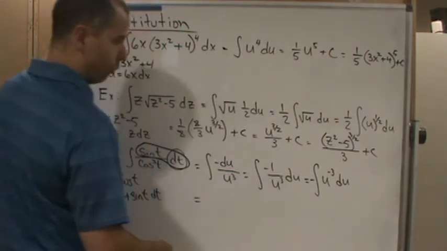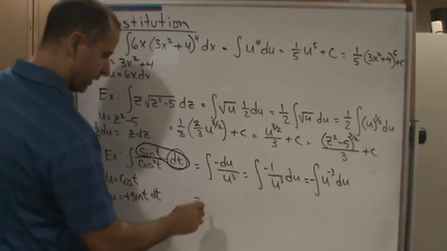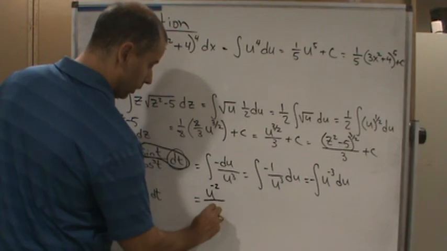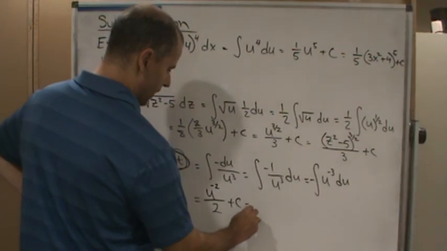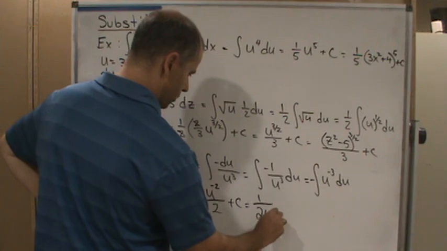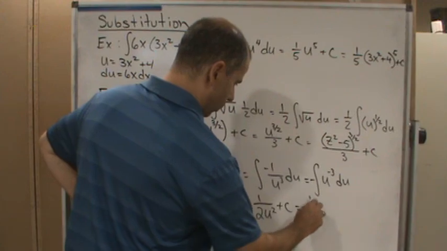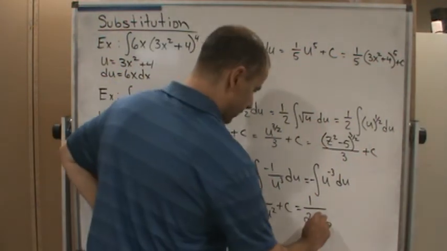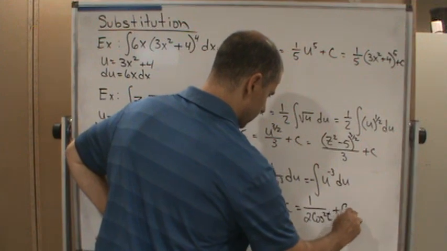I'm going to increase the power by 1, which would make it -2, divide by -2, that's going to cancel with this negative, and I'm going to get u to the -2nd power over 2 plus c, which is then equal to 1 over 2u squared plus c, which then equals 1 over 2 times what? What's u? u is cosine. So then this is going to be 1 over 2 cosine squared t plus c.